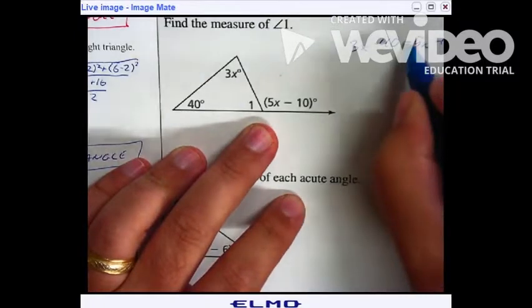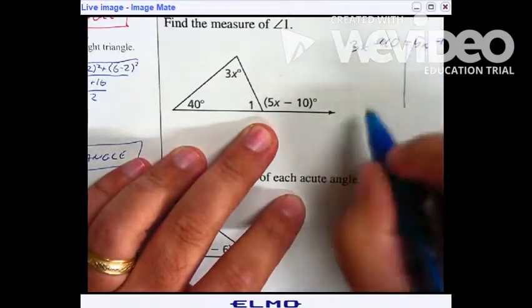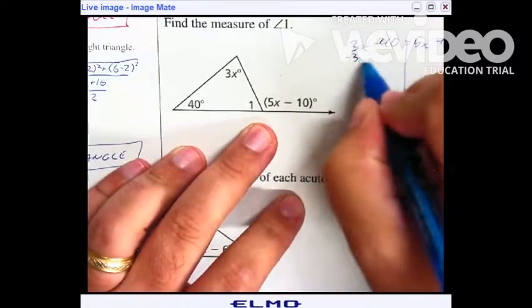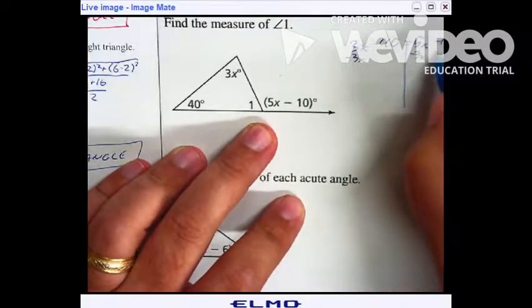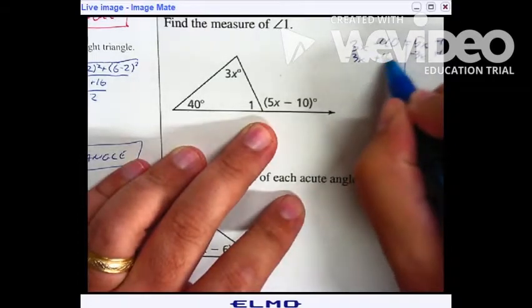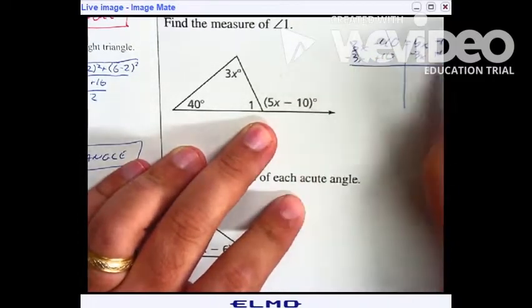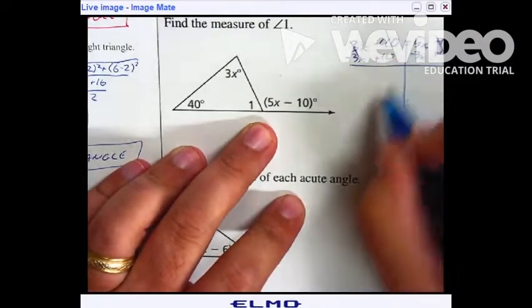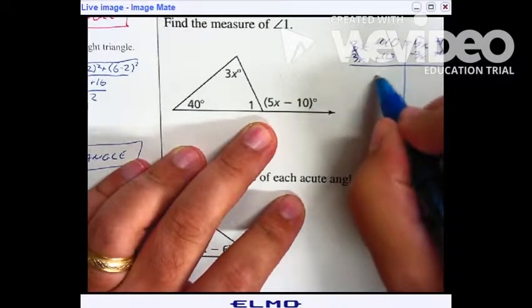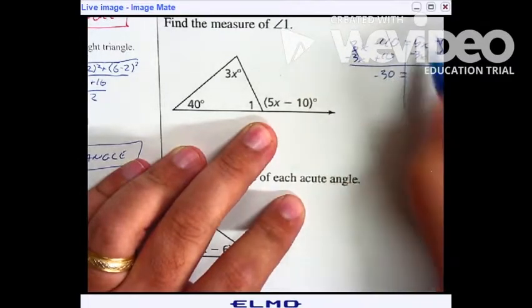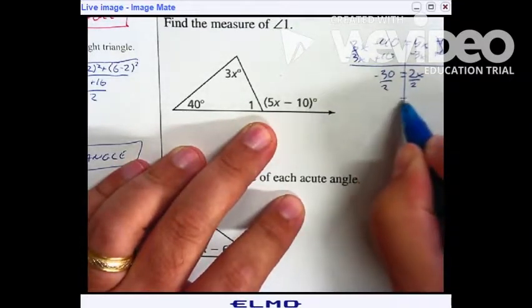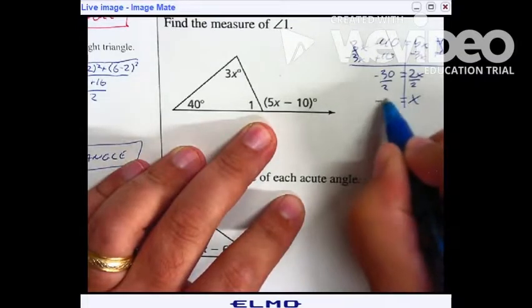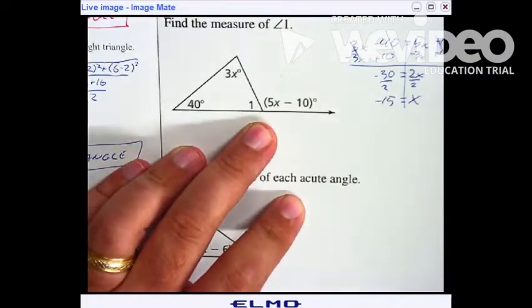All right, so let's see here. First, I'm going to subtract 3x from both sides, so minus 3x, and I'm going to go ahead and move my 10 over there. So plus 10, so that cancels out, and I have negative 30 equals 2x. Divided by 2, and I end up with x equals negative 15.